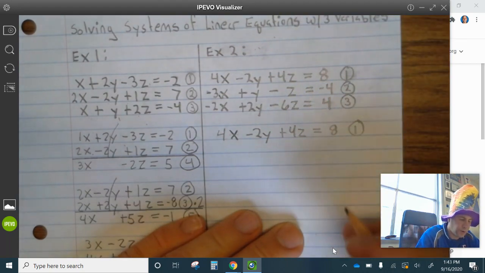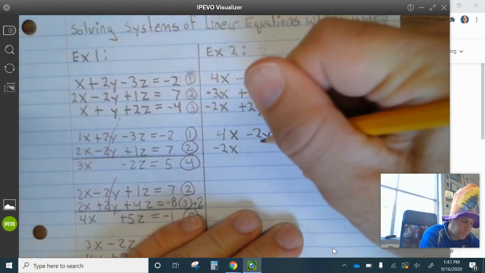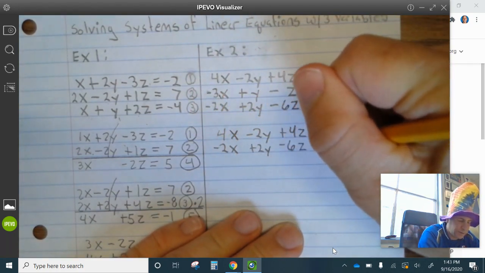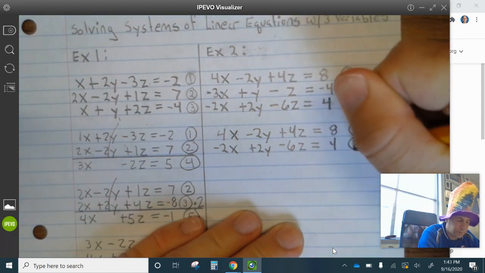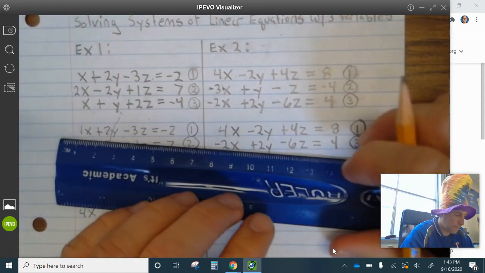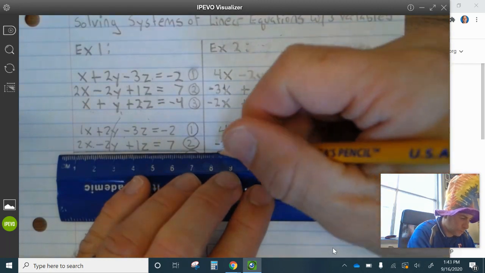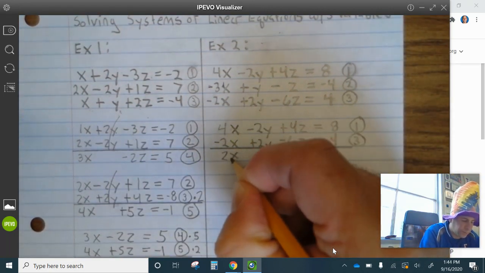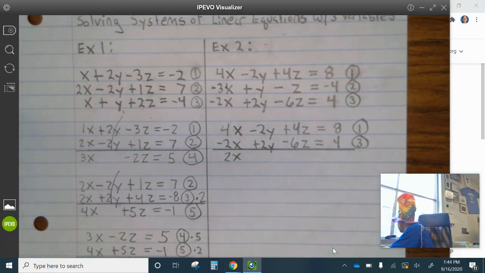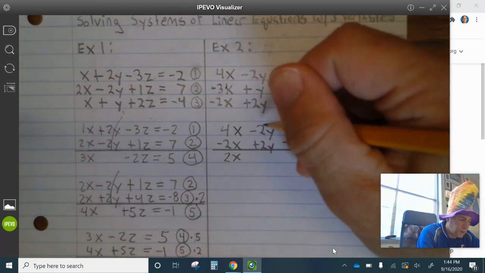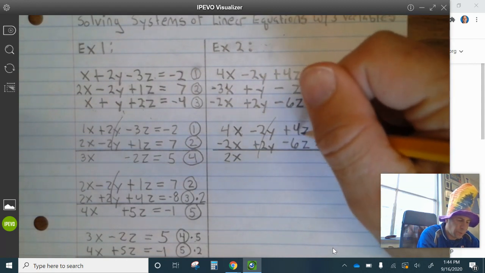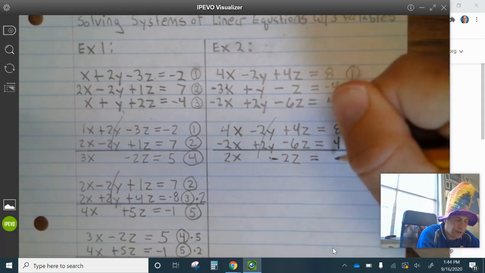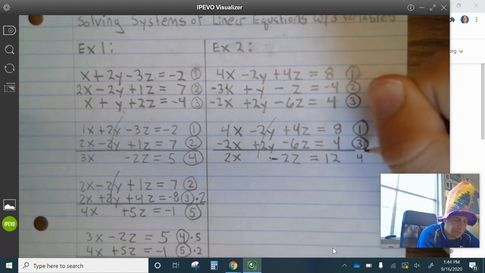And then equation 3 is negative 2x plus 2y minus 6z equals 4. So we combine. 4x minus 2x is 2x. The y's cancel. 4z minus 6z is minus 2z equals 8 and 4 combined to be 12. And this is equation 4.